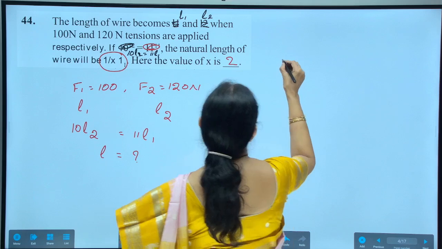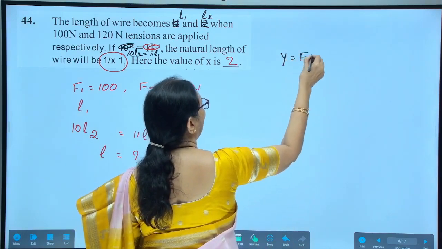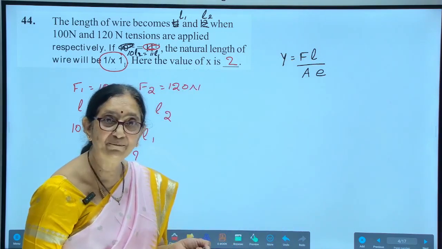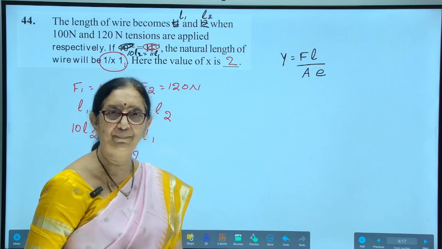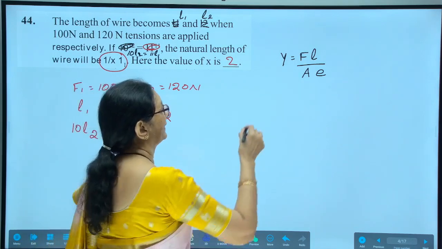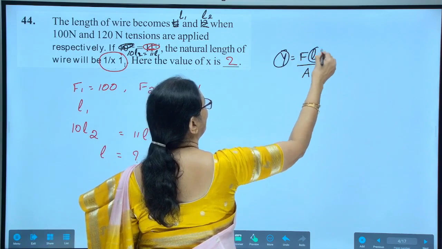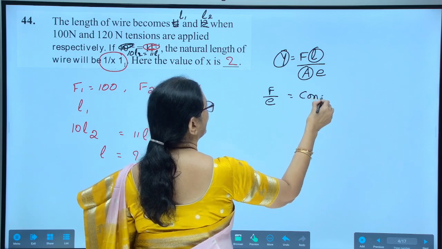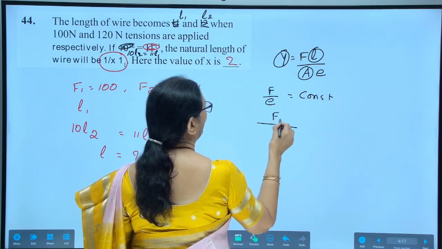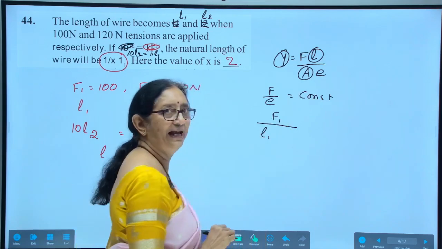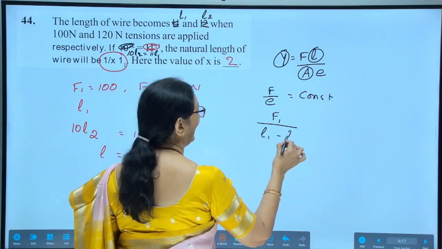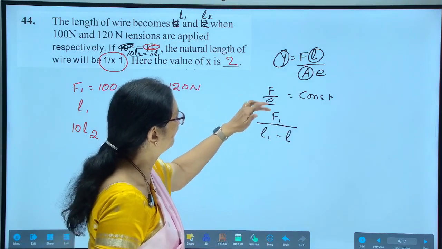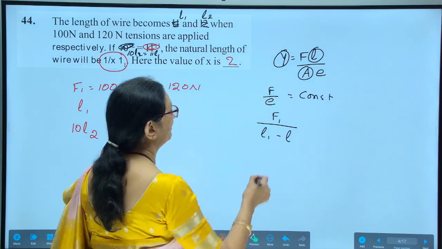You see here, Y is equal to FL by AE. To the same wire, when different forces are applied, elongations will be different. As the wire is same, F by E remains constant. If its final length is L1 and initial length is L, E becomes L1 minus L. In the first case, F by E is F1 by (L1 minus L).